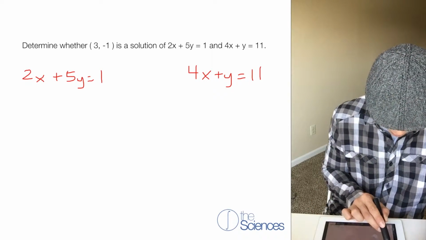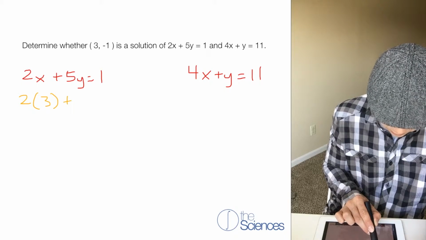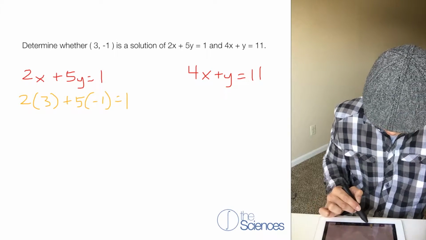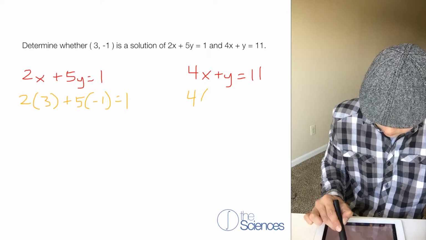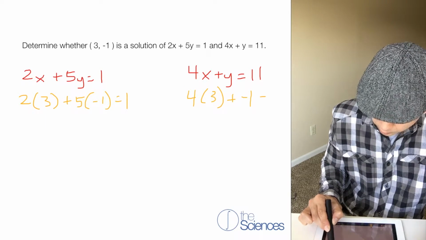So here we have 2 times 3 plus 5 times -1 equals 1, and here we have 4 times 3 plus -1 equals 11.